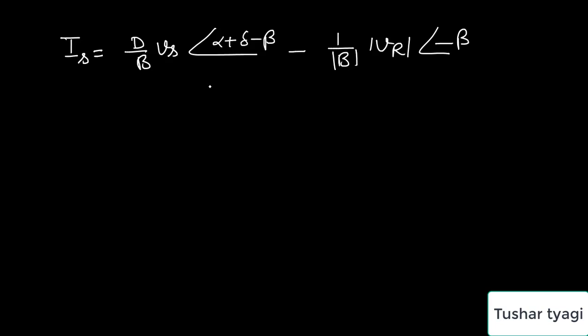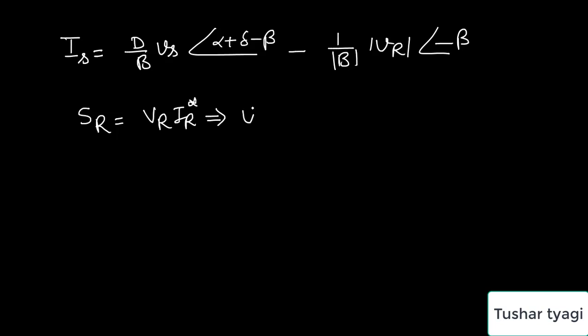So now I am trying to find out how much active and reactive power the receiving end receives. For that I need to first calculate the receiving end apparent power, which is equal to VR IR conjugate.